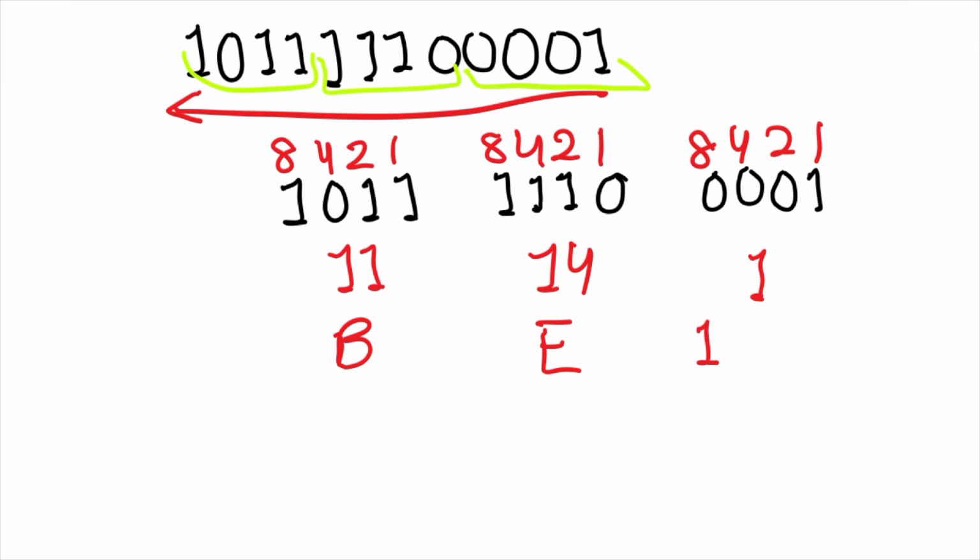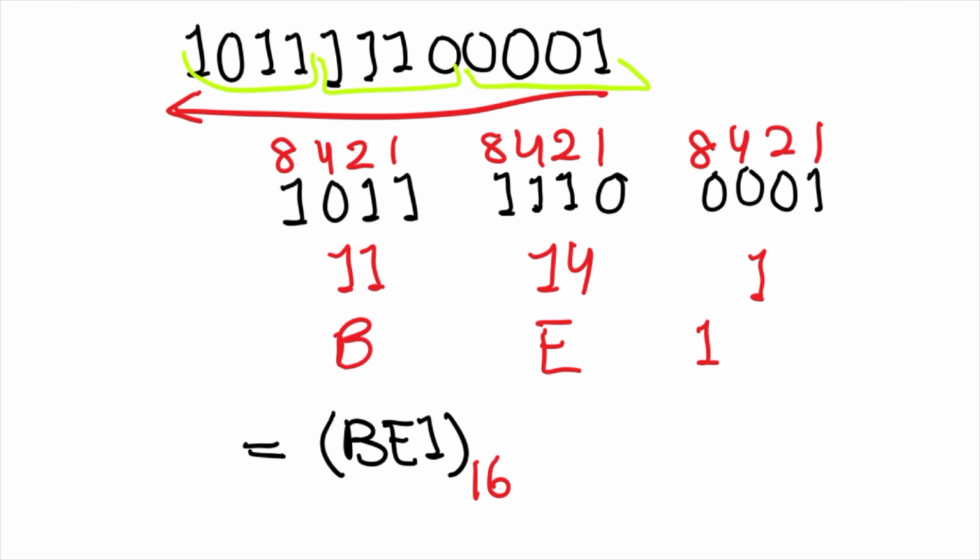So our answer will be BE1 with a base value of 16. Now this is our final answer. So the binary number 101111100001 is represented by BE1. This is how you convert any binary number into a hexadecimal number.